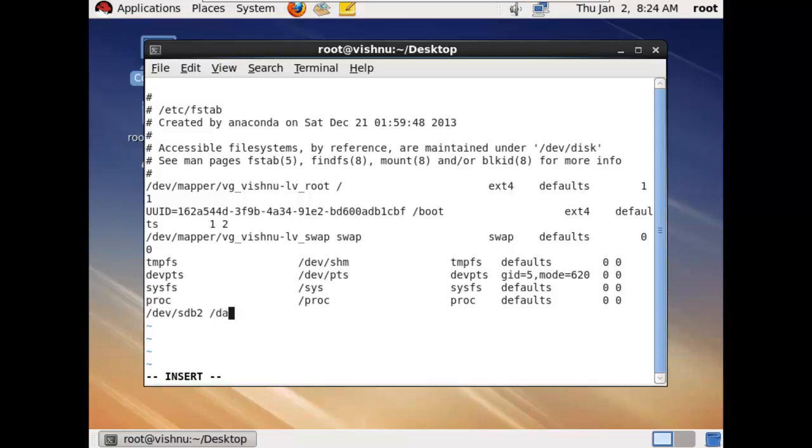Here give the name of the folder in which you are going to mount, then the file system by which we have formatted the SDB2, and here we will write defaults 1 2, and then you save this file.